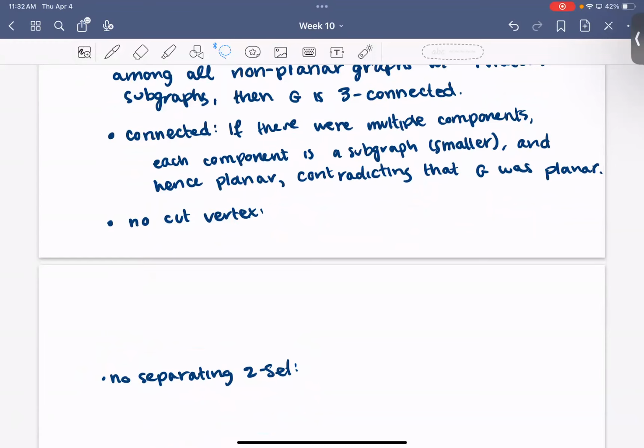Let's suppose I have a cut vertex. Let's draw a picture of this.